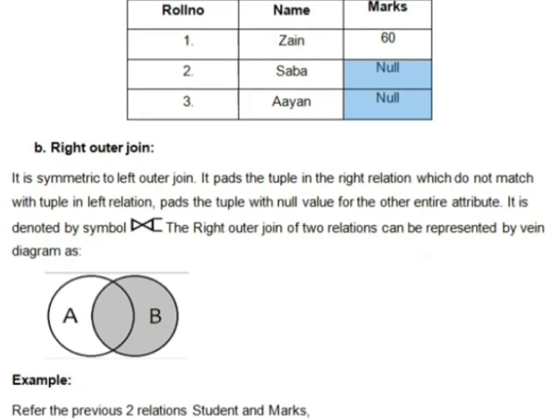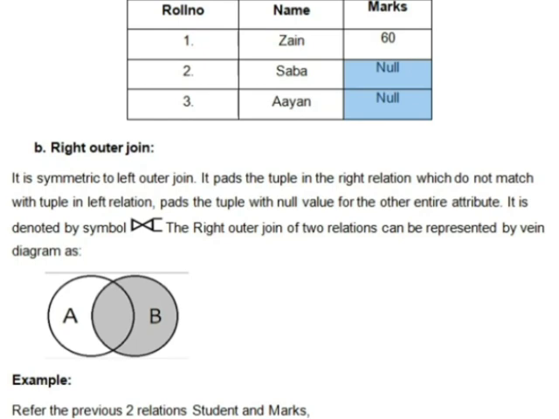Same way, we have another operation which is called right outer join. It is symmetric to the left outer join. In this particular case, we will consider the table which is present on the right side of the operator.